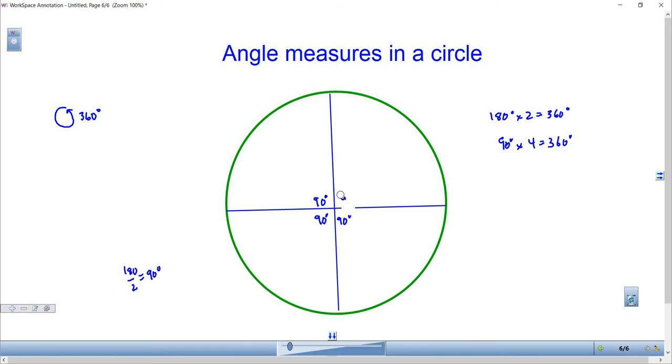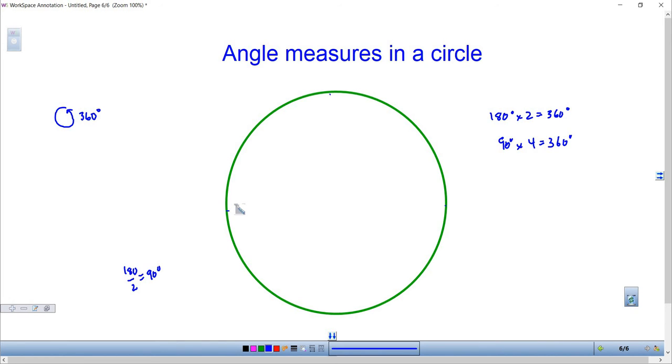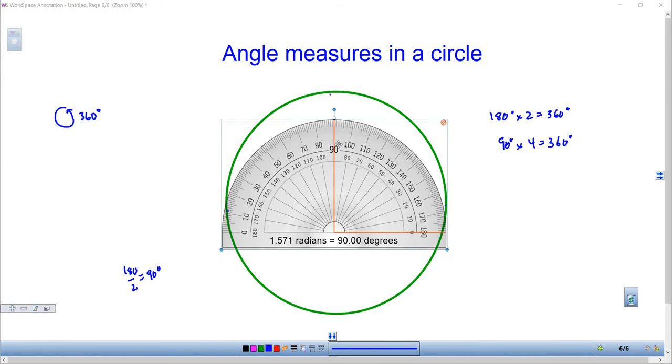We can take this circle and divide it into any number of sections that we want. So let me erase these real quickly here, and let me bring my protractor back. I just want you to understand it always has to add up to 360 degrees.